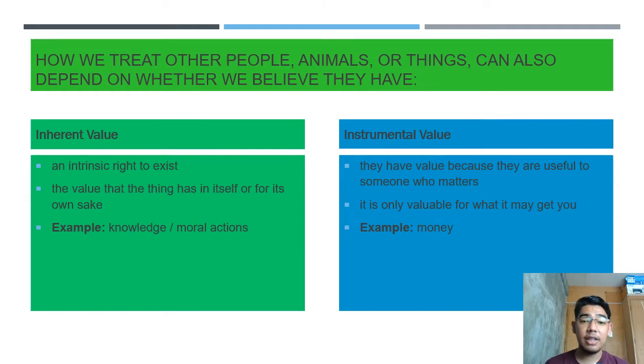Instrumental value is based on the person who uses a certain thing. So, inherent is unconditional, while instrumental is conditional. For example, for inherent value, we have knowledge or moral actions. Knowledge has value even though you have not used it yet, and the same goes for moral actions.